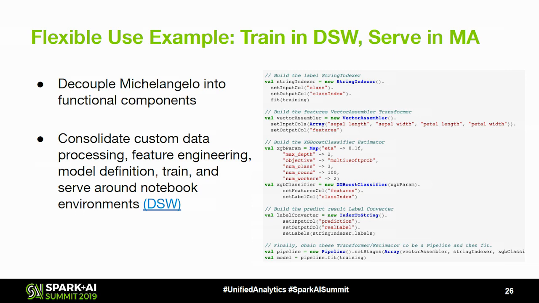But the other option is that, let's say they were playing around with data sets and they require a couple of transformers, but the data set they're working with is too large to be handled by, say, the DSW environments, and requires custom components within Michelangelo to do distributed training.